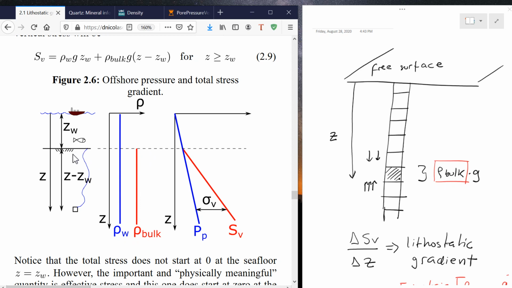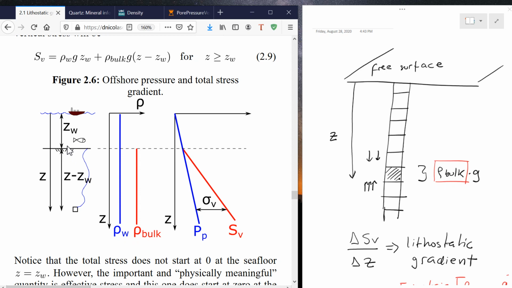The question is, would that sand be strongly attached to the ground because I have a high vertical stress? Notice the vertical stress is not zero at that point. Or would it be easy to remove and easy to dig in this region?